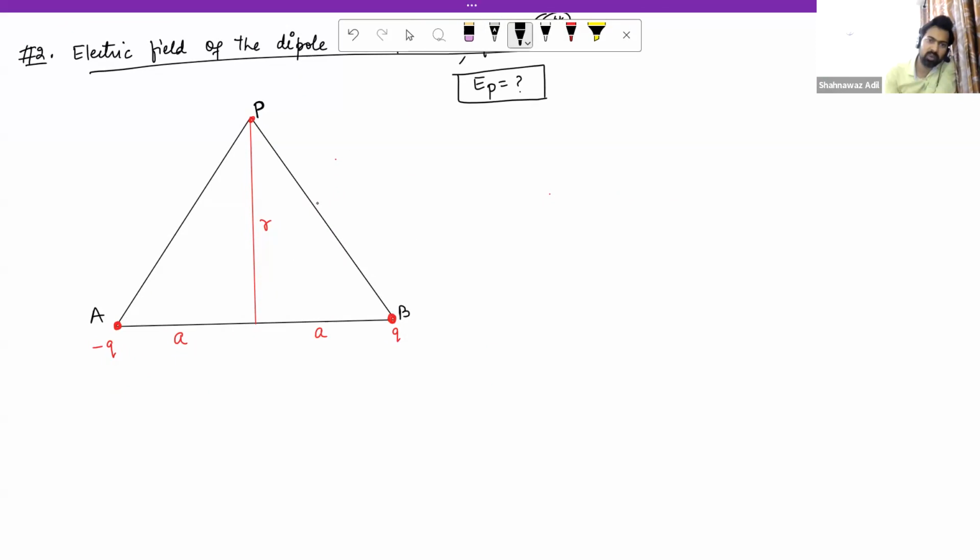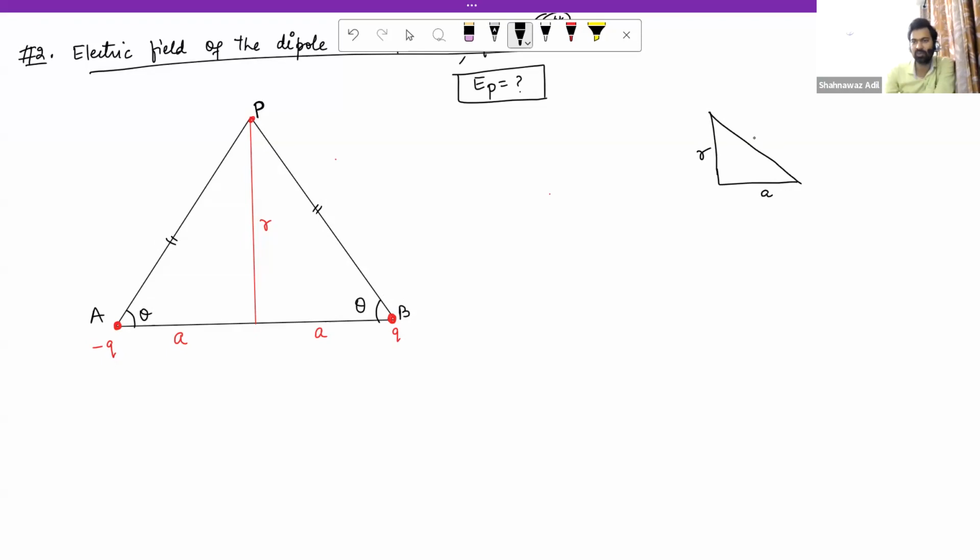So what is this distance? This is the hypotenuse, right? This is angle theta. This is angle theta. This is R, this is A, and this is the hypotenuse.